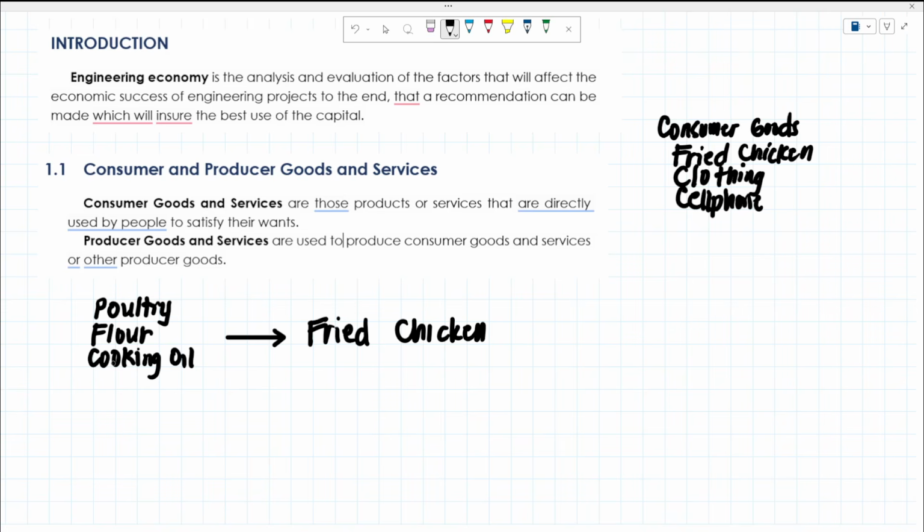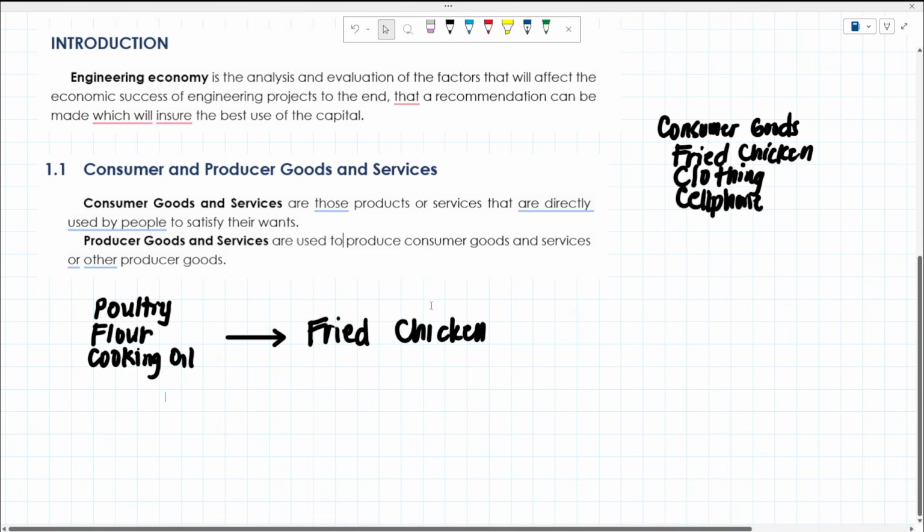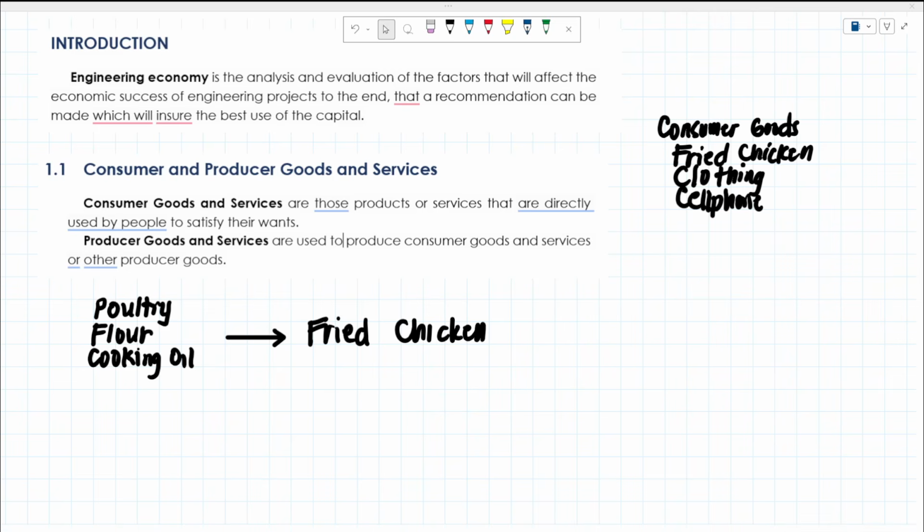So, kung titingnan natin itong poultry, flour, and cooking oil, pwede rin silang maging mga consumer goods, di ba? These are directly used naman by people in some other instances. So, dito lang sa particular instance na to, pwede rin silang maging producer goods and services.